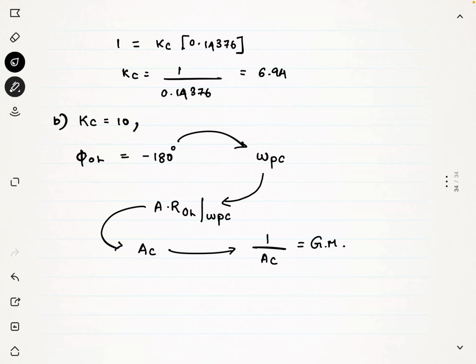So first, from equation 2, substitute minus 180 degrees or pi radian on the left hand side and solve. You will get the crossover frequency to be 4.05. The important thing to note is that the minus 180 degrees has to go into your scientific calculator as pi radian.